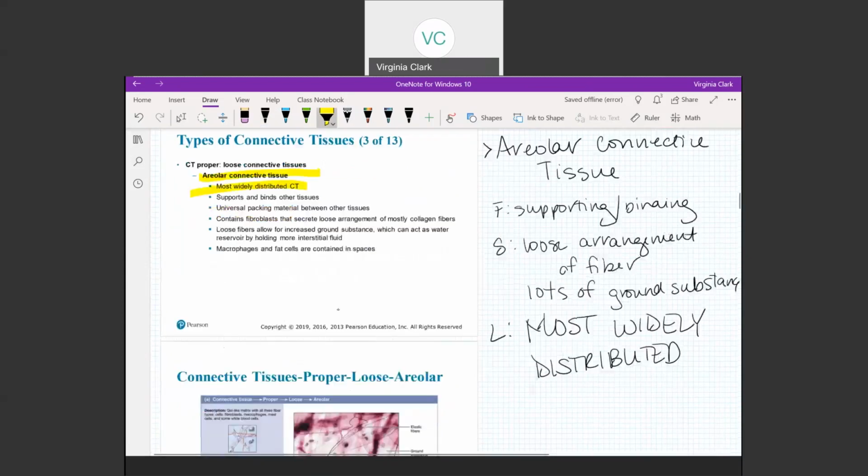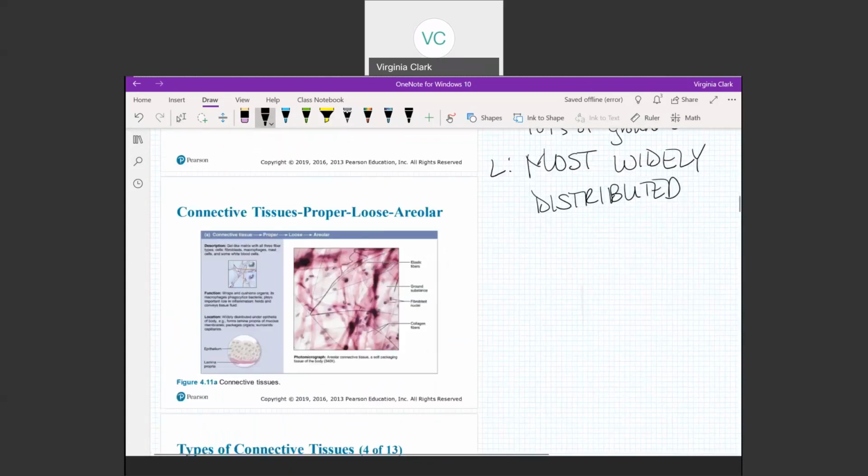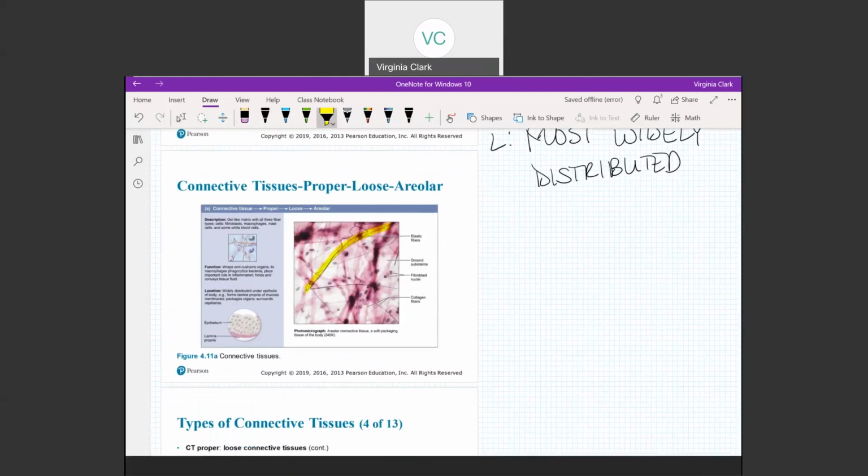It is everywhere in our body. Here's an example of what it looks like. You can actually see here are fibers. We have our elastin, our ground substance, and some collagen. You can see the cells in the back with our nuclei, and then all of the white space is actually the liquid. So that's one type.